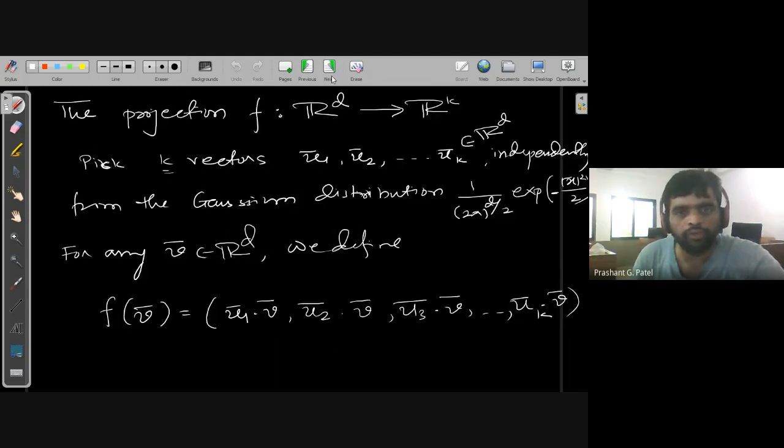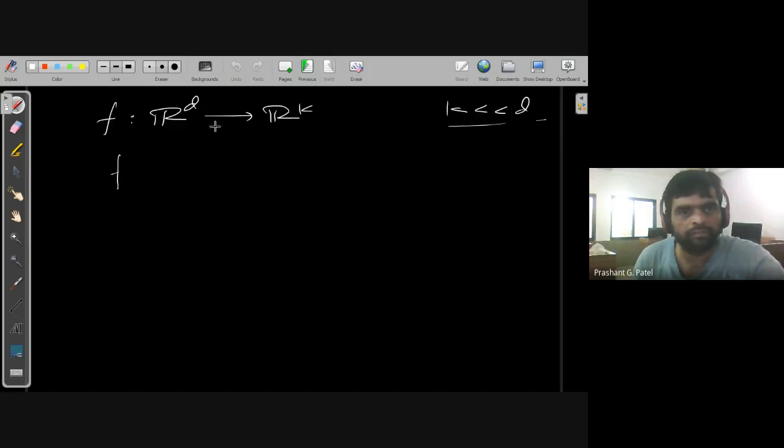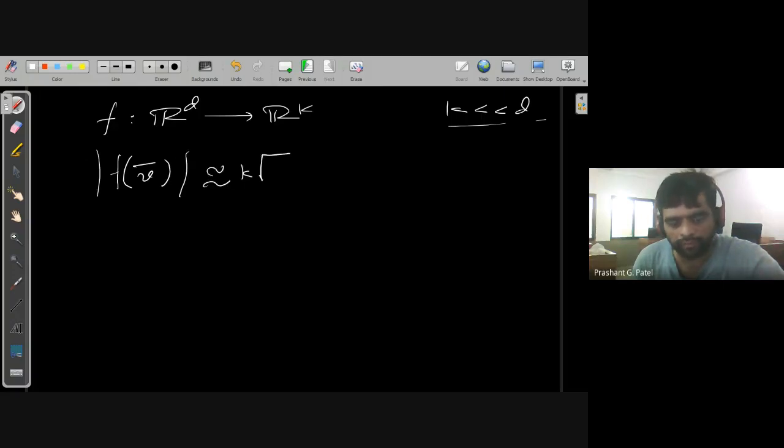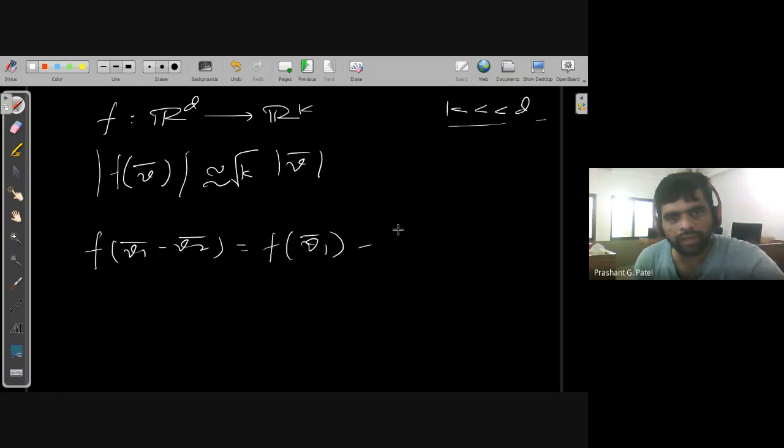And what we are trying to prove here is that the norm of f of x bar is equivalent to square root of K into norm of v bar. What does it mean? If you pick any two vectors here, f of v1 bar minus v2 bar, as this f is a linear map, we can write it as f of v1 bar minus f of v2 bar.